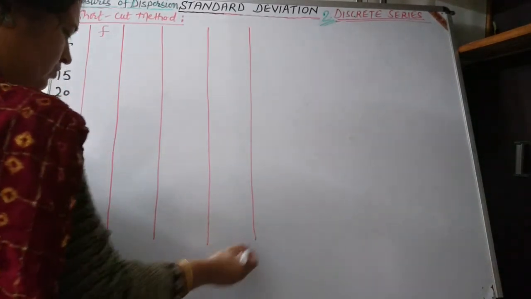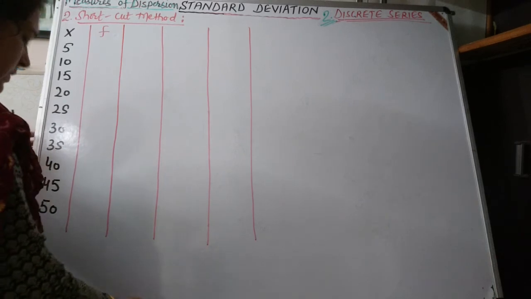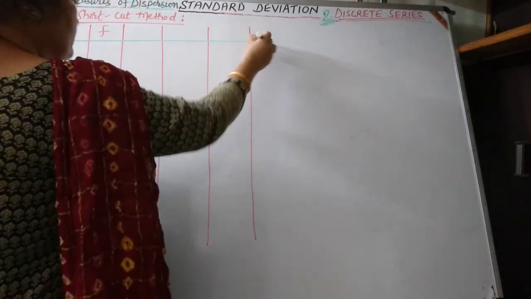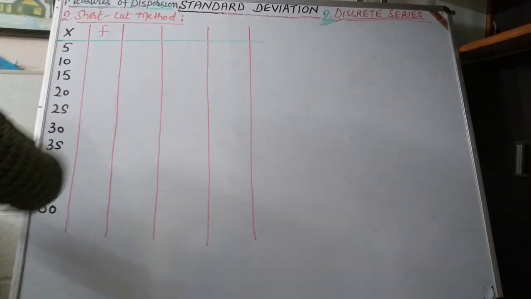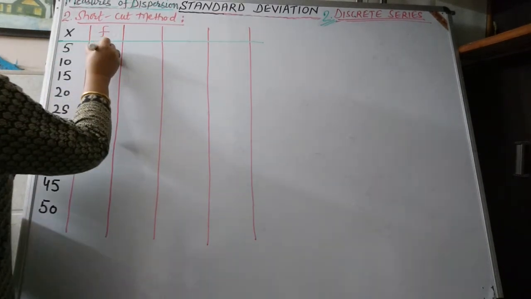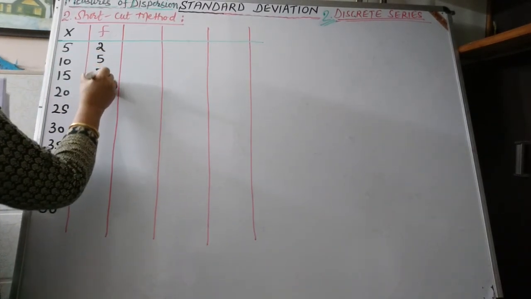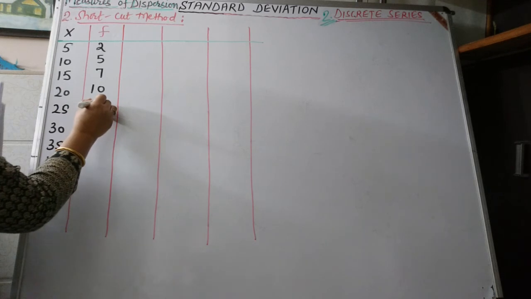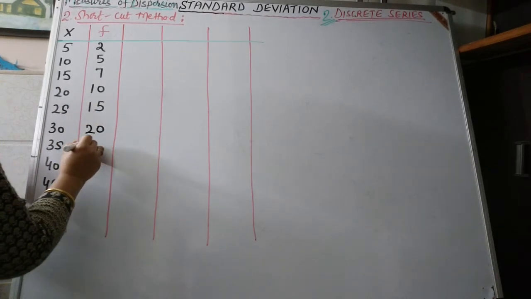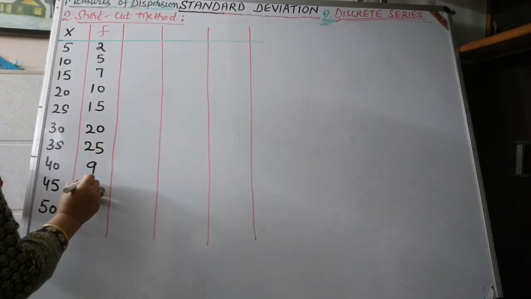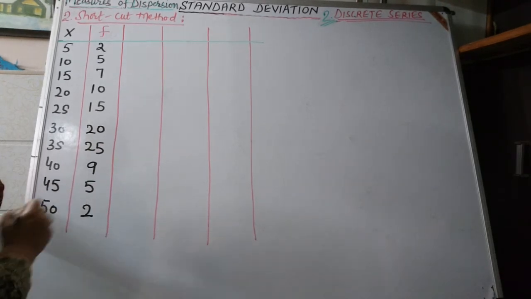So let us write down the values of f. Frequency is 2, 5, 7, 10, 15, 20, 25, 9, 5 and last one is 2.